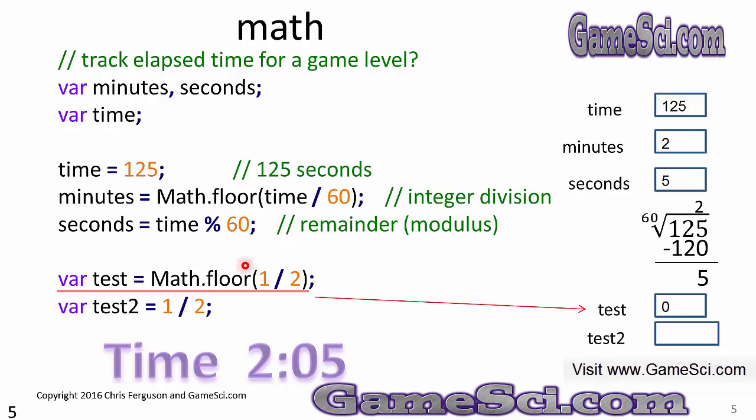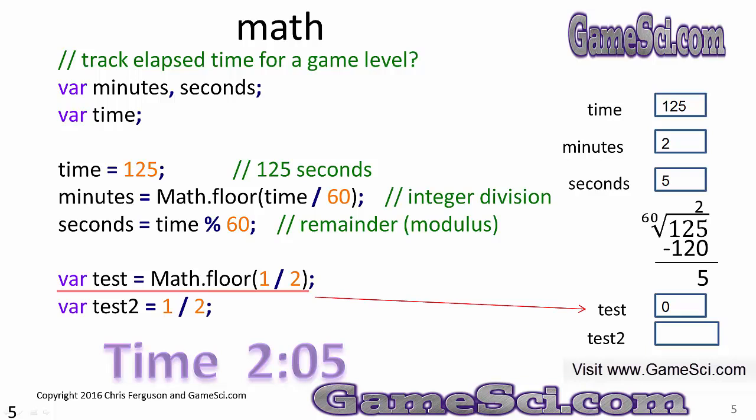Well, math.floor says round that 0.5. And when it rounds that 0.5, it rounds it to the whole number 0. In order to prevent a decimal point as a result of this division, the math.floor makes sure it's rounded to 0. And you can see this line of code puts a 0 in the variable test. It's a whole number without a decimal point.